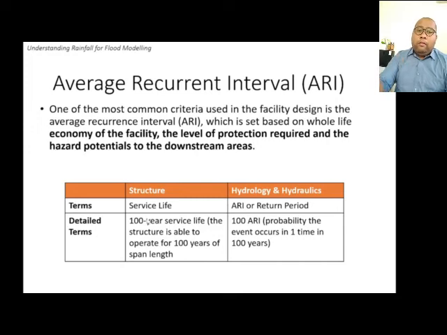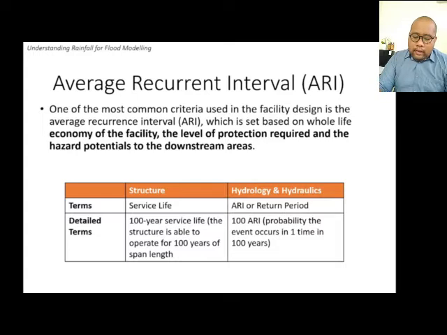So before you go on to estimate the rainfall or design the rainfall, okay, you need to know this term, which is the average recurrence interval, or we call it ARI. So ARI actually is a common criterion used when you study hydrology and hydraulic facilities. When you want to design something related to water, you use this term.